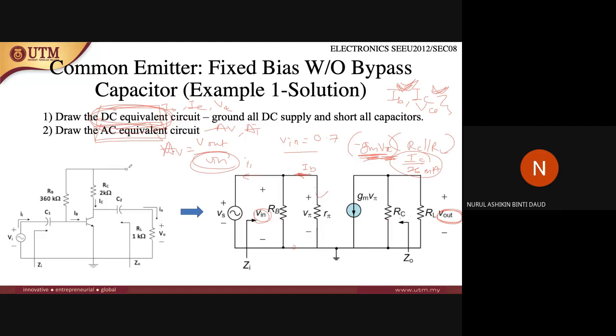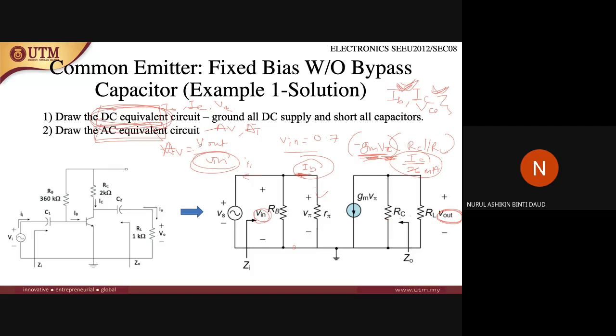So don't skip any steps, because if you skip any step, you might lose some of the marks, and maybe you get the value wrong somewhere and it will affect all of the calculations of the circuit. Once you get the value of IB wrong, all of the values are going to be wrong. So be careful.